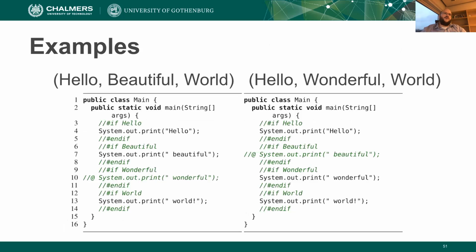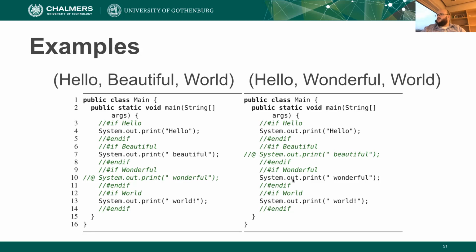Right, so as a really quick example, we have two versions of the same class. In the first, we've selected features hello, beautiful, and world. In the second, we've selected features hello, wonderful, and world. In the first one, since we selected hello, this code is included. Since we selected beautiful, this is included. We selected world, so line 13 is included, but line 10 is not included because we did not select wonderful.